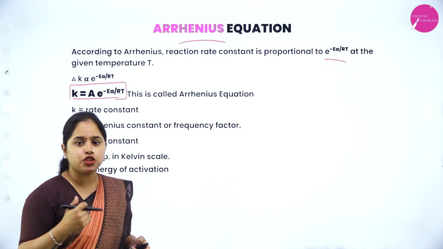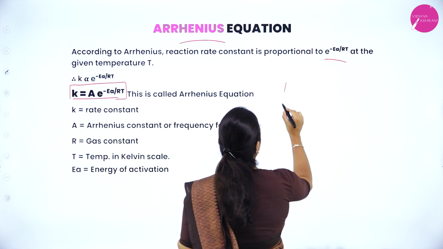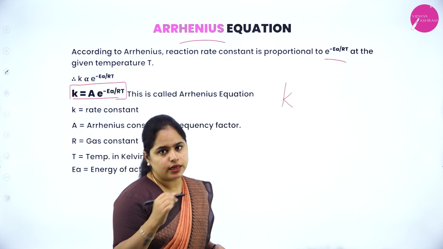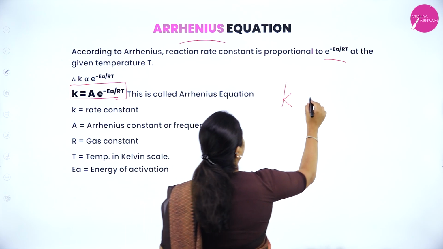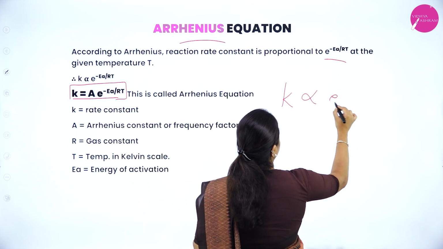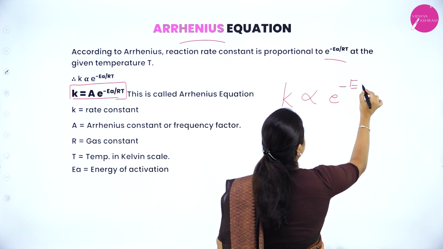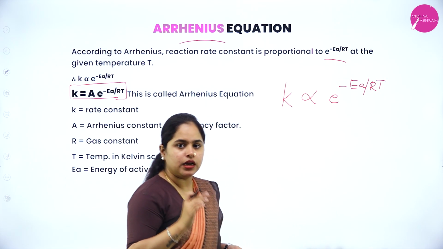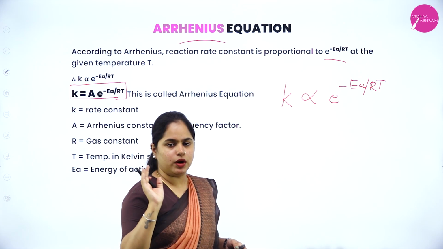According to Arrhenius, the rate constant of a particular reaction will be directly proportional to e to the power minus Ea by RT. We'll study all the terms one by one now.